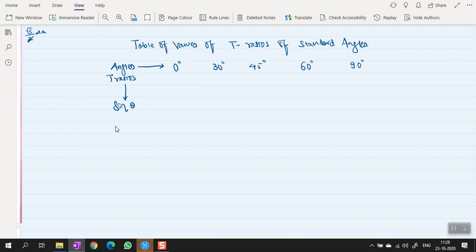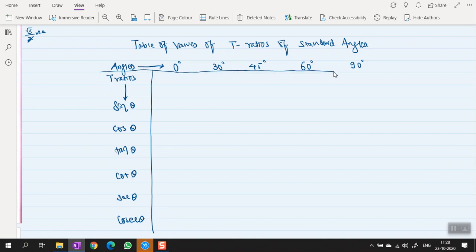Sine theta, cos theta, tan theta, cot theta, sec theta, cosec theta. These are all the trigonometrical ratios, and over here you have all the standard angles.